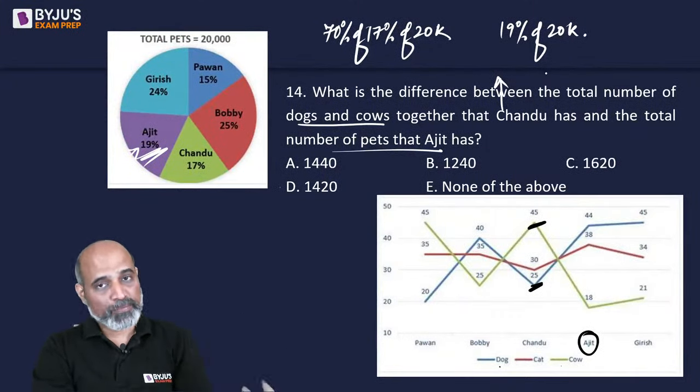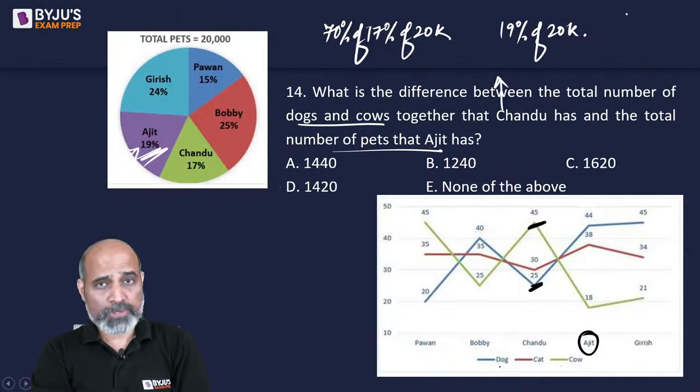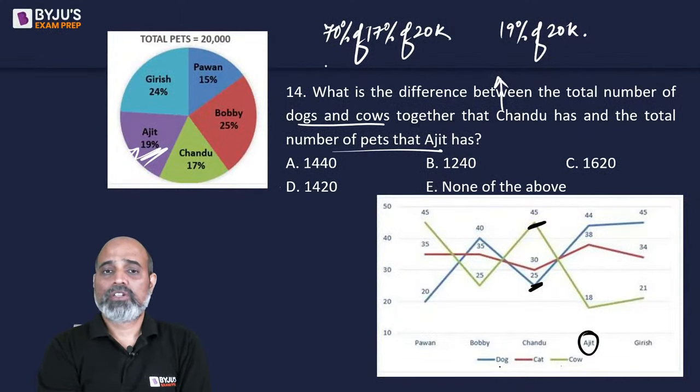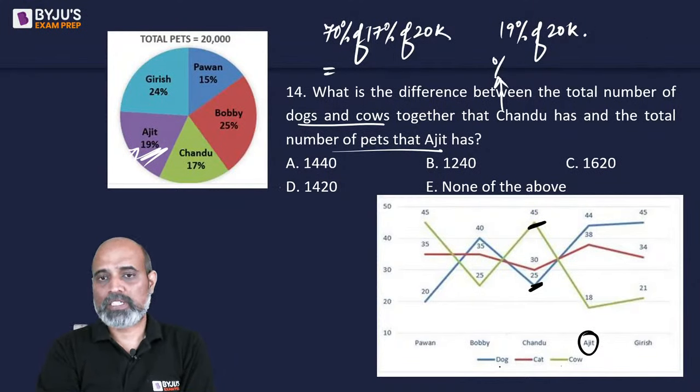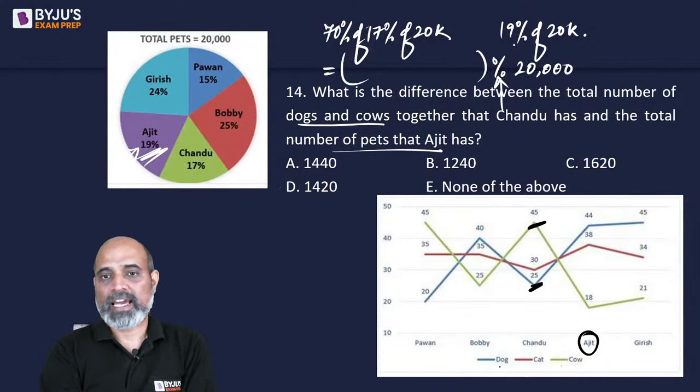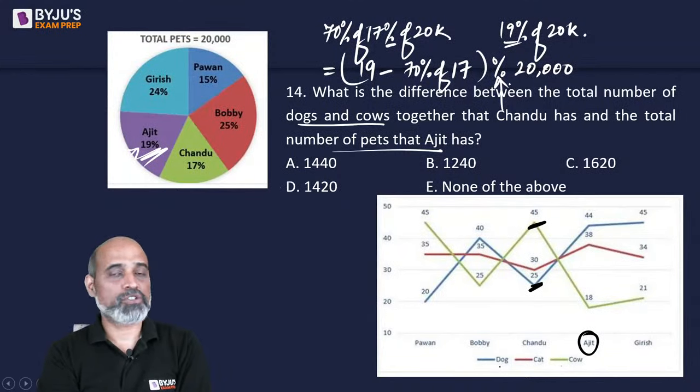Okay, so like previously, 20,000 is common. So we can take out 1% and 20,000 outside. So percentage and 20,000 bahar nikal lo aap common. 19 is a larger number, so keep 19 here since we need the difference. Minus 70% of 17. ये बच जाता है because 1% is already out.